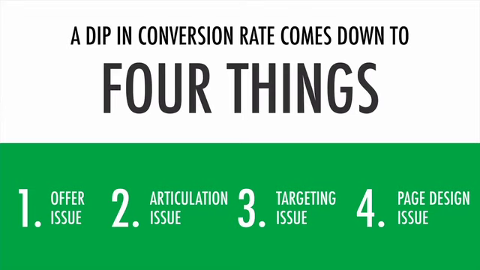For targeting issues, you just want to make sure the right people are seeing it. And how you're targeting people is going to directly impact how you articulate that offer, right? So if you have a targeting issue, most likely you can deal with that by tweaking your articulation to fit that target market. An example of this is we did something like that at Digital Marketer, where we looked at our customer avatars, and when we did our ad grid, we had different avatars and different hooks.